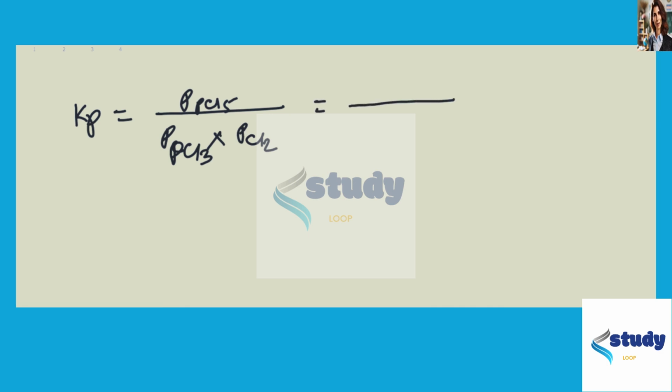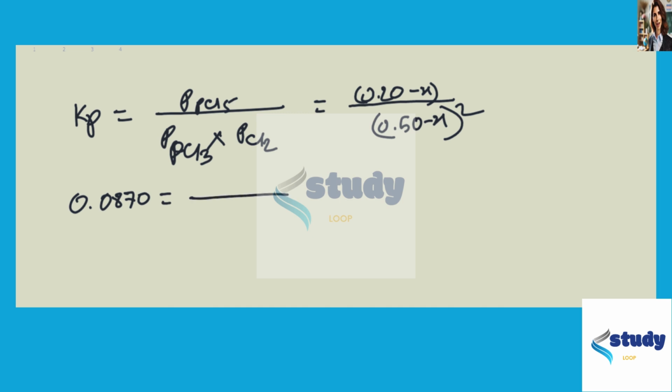The product equilibrium pressure is 0.20 minus x, and for both reactants it is 0.50 plus x, so we can write 0.50 plus x whole squared. We know the value of Kp, which is given as 0.0870, so 0.0870 equals 0.20 minus x over 0.50 plus x whole squared.